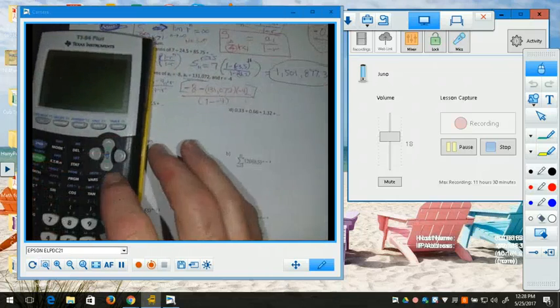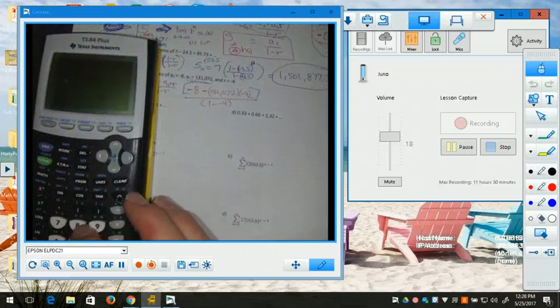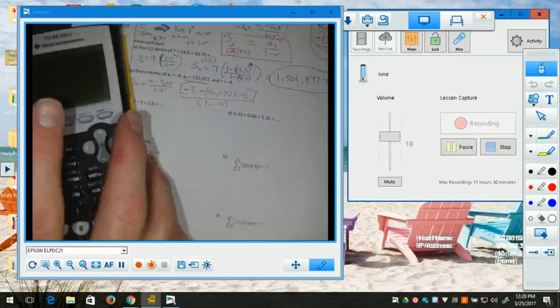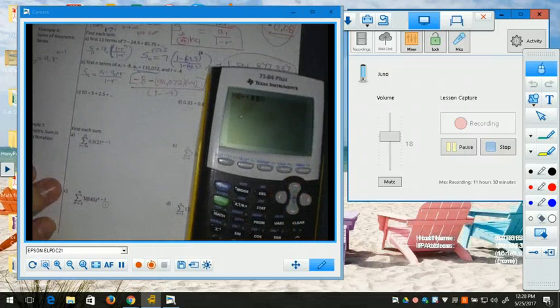So I have negative 8 minus 131,072 times negative 4. That's a good number on its own. I'm supposed to divide it by 1 minus negative 4, which is really dividing by 5.